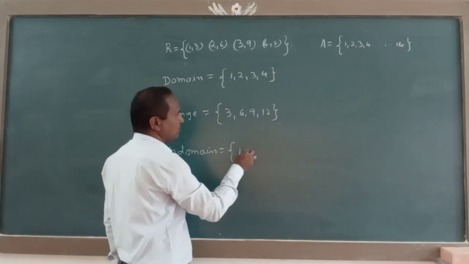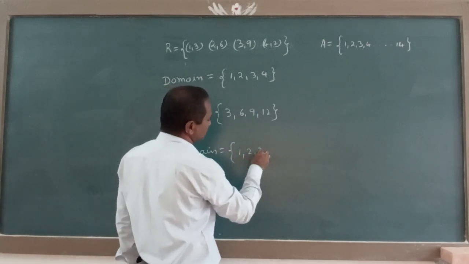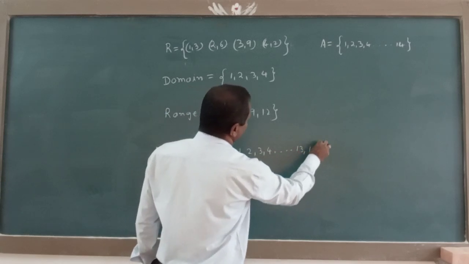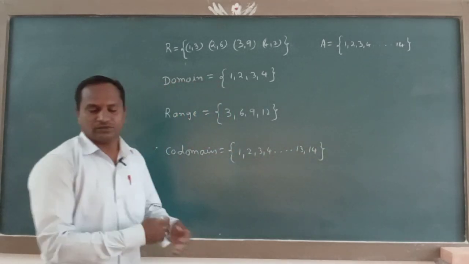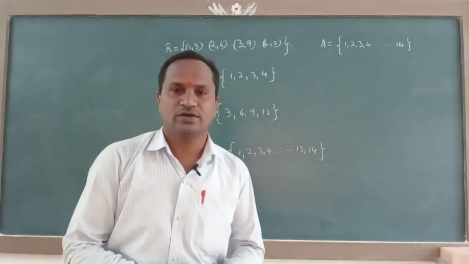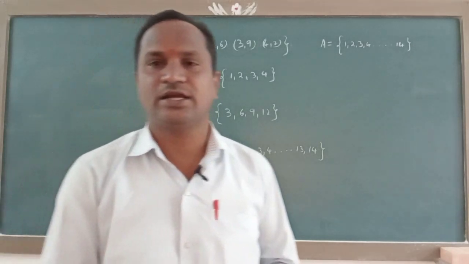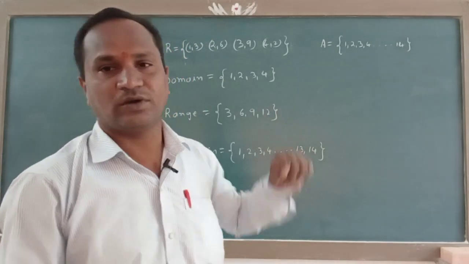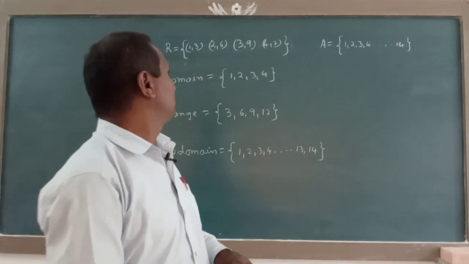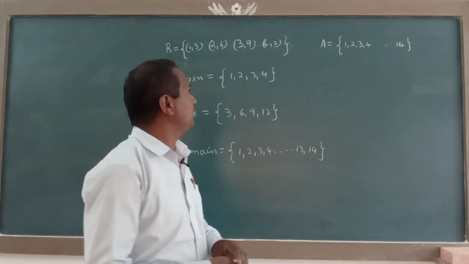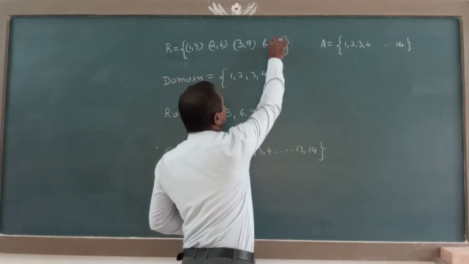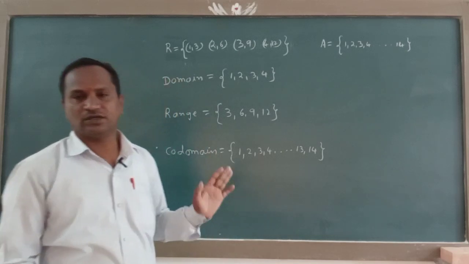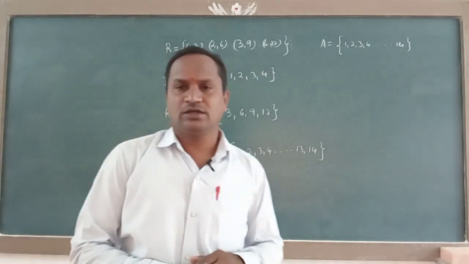Whole set is called codomain, 1 2 3 4 up to so on 13 comma 14. Like that we are giving answers for domain, range and codomain in case of relation capital R is equal to 1 comma 3, 2 comma 6, 3 comma 9 and 4 comma 12. Like that it's the second method.